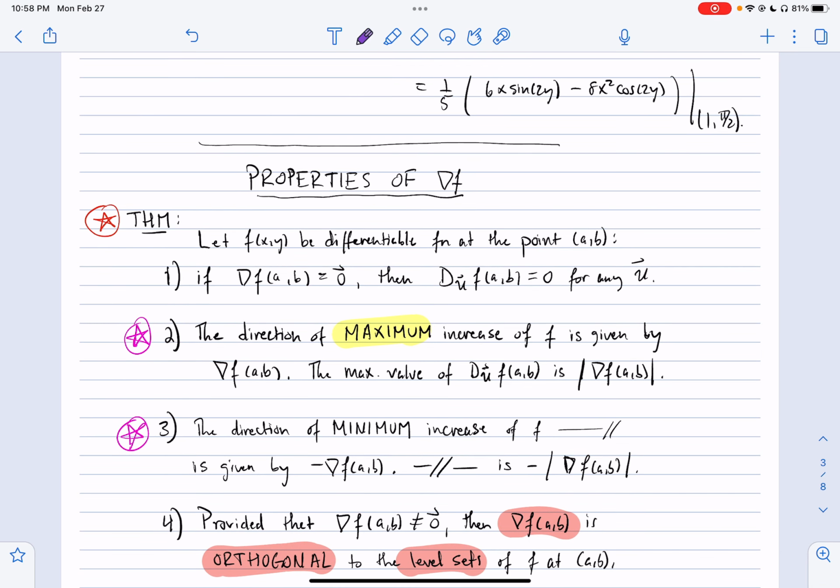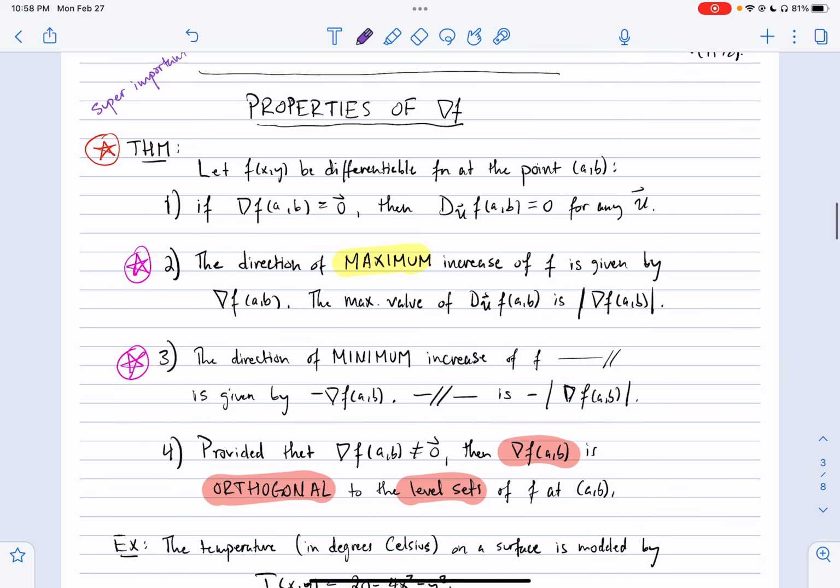So that's why I gave it this red star here. It says, let's suppose that f is a differentiable function of two variables, f of x, y, is differentiable at this point, a comma b, in the domain of f.